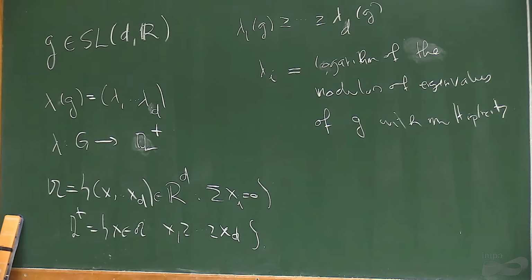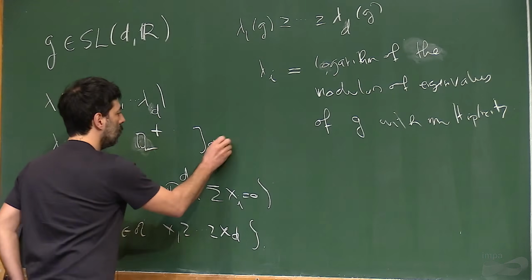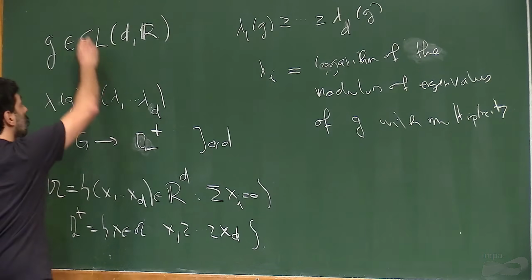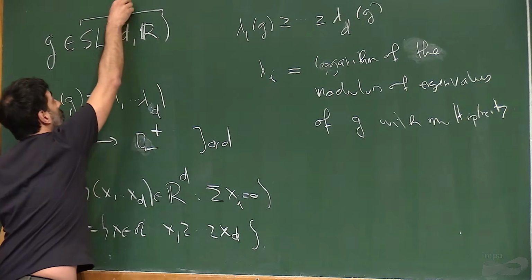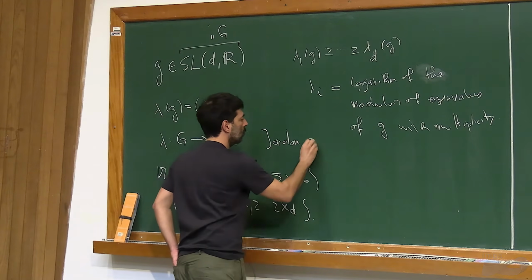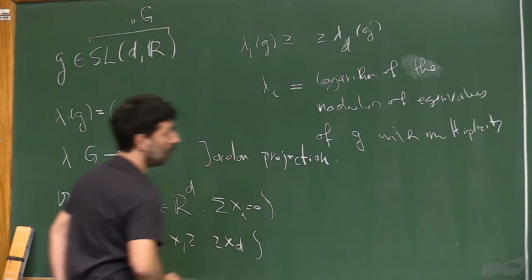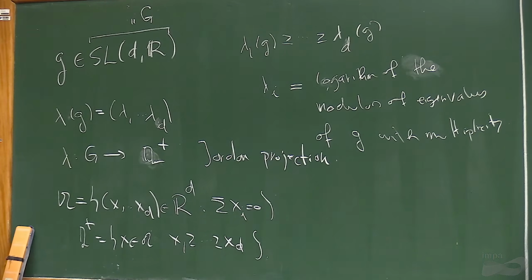This map is a differentiable map, and it's called the Jordan projection. It gives just the eigenvalues of g.